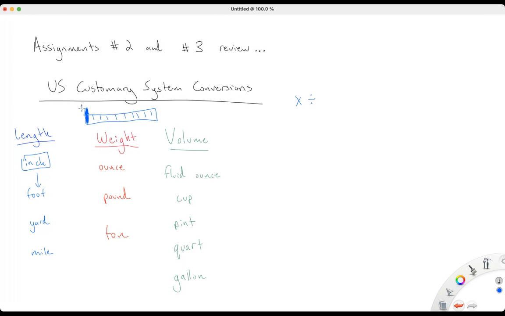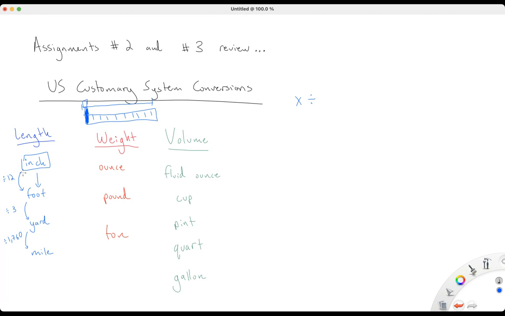The foot is much bigger than one little itty bitty inch. So what I'm trying to say is, when our unit is getting bigger in size, for instance, a little inch to one big foot, we're going to have to divide.